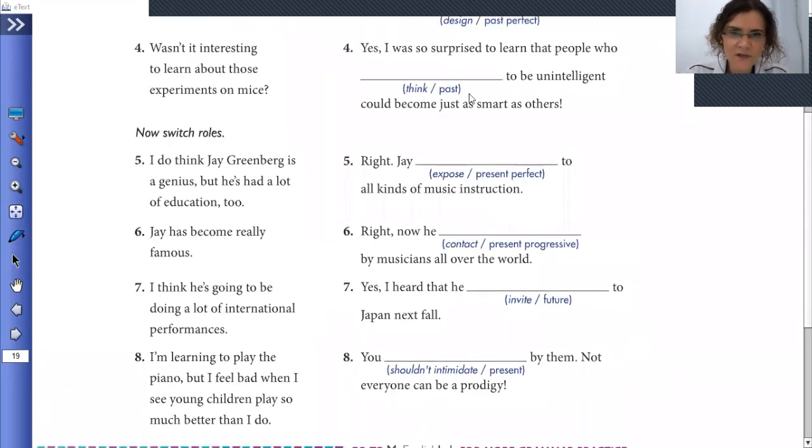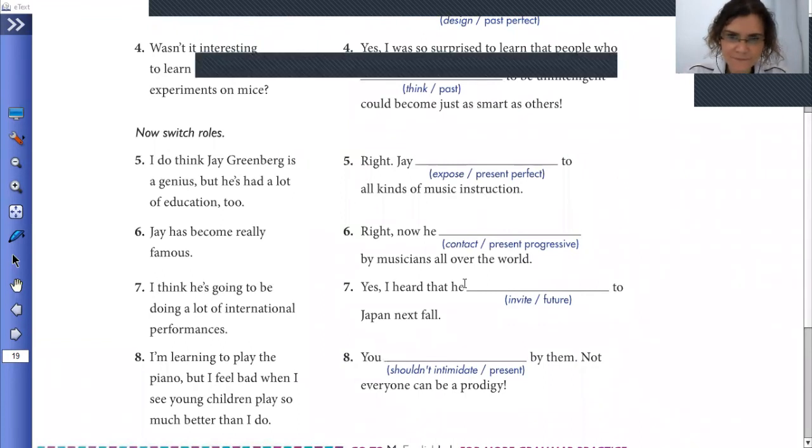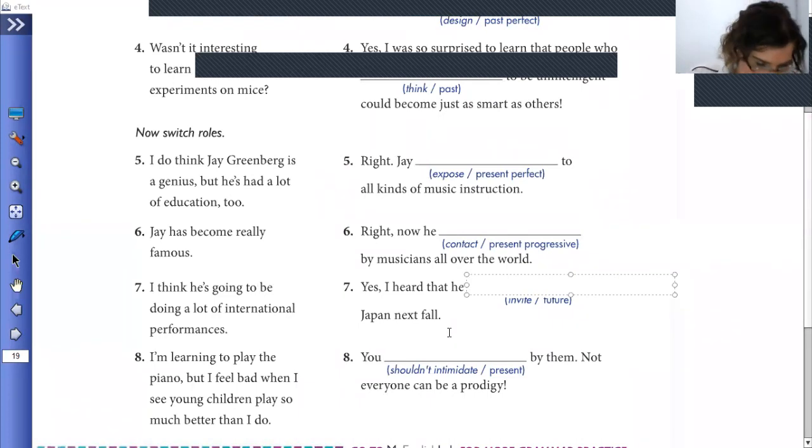Okay, anyone who would like to try 7? Any volunteers? Okay, then I want to ask Nadia. Nadia Janice, are you here? Yes. Hi, can you do number 7 for me? Invite in the future. Yes, I heard that he will be invited. Very good. Will be invited. Awesome. Can you also do number 8 for me?